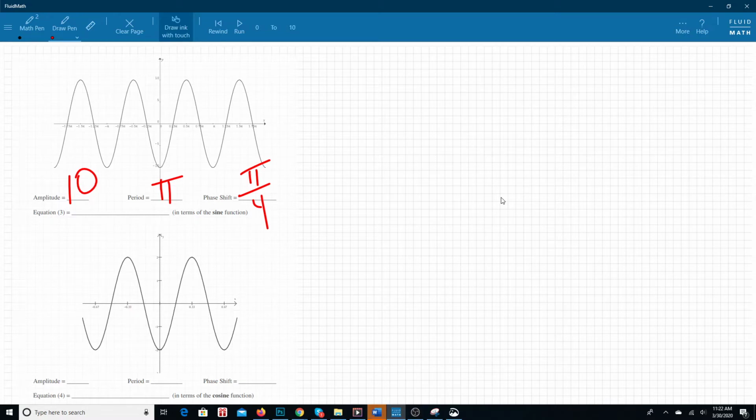Anybody want to guess what the amplitude for question 4 is? It's a simple one. And this time we're dealing with a cosine function.